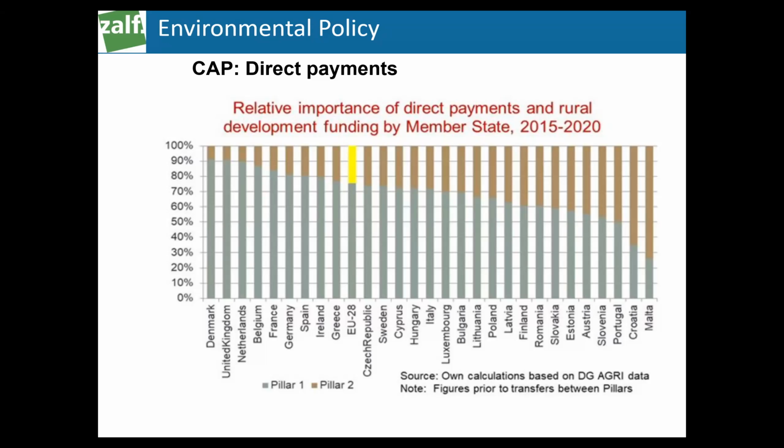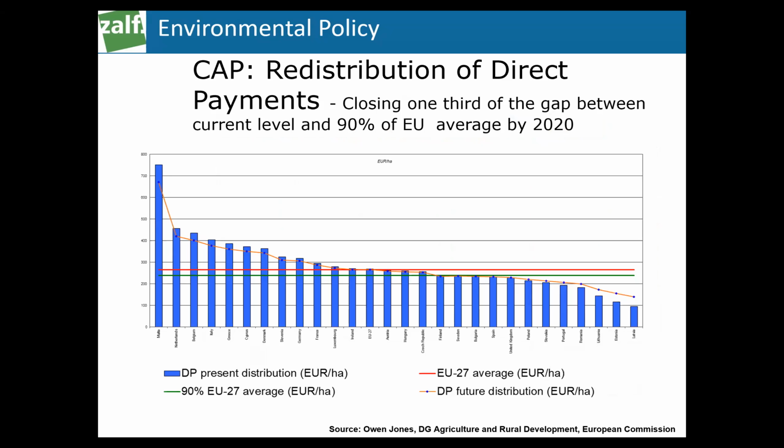And there is a tendency to try to level out those across the countries. And this is what is intended to do here. This is a line of 27, EU 27 average.